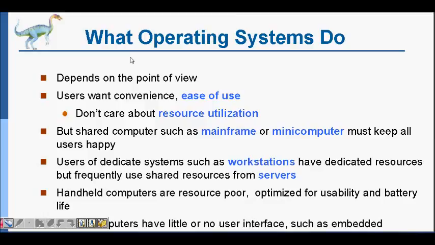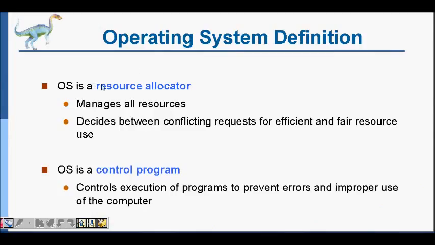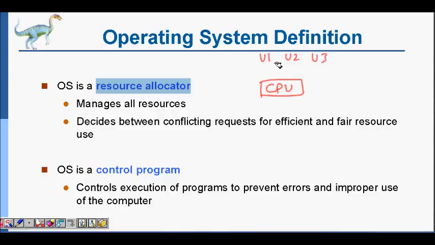Now, what does the operating system do? It allows you to share resource utilization, so it's a resource allocator. Resources are there, CPU, let's say 3 people are trying to use the CPU. There is only one CPU, let's say a single core computer, and user 1, user 2, user 3 are all trying to run their code.